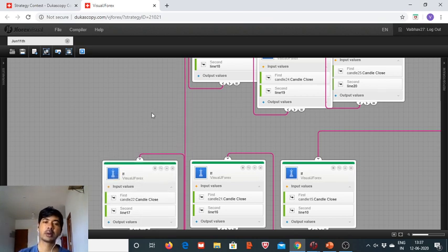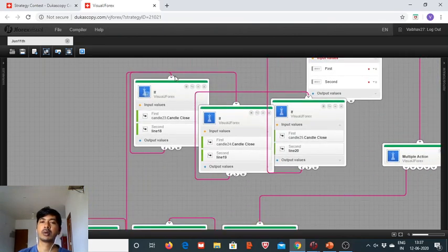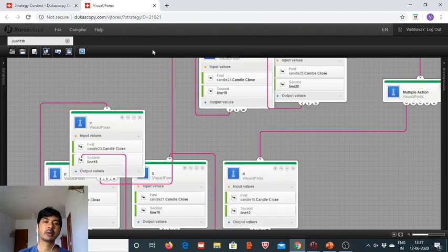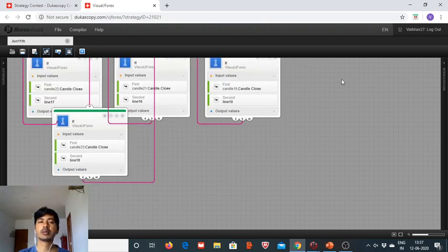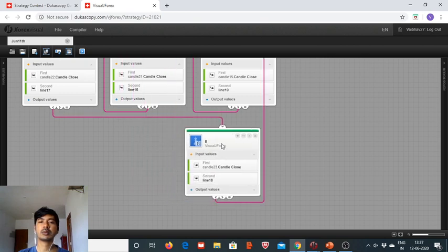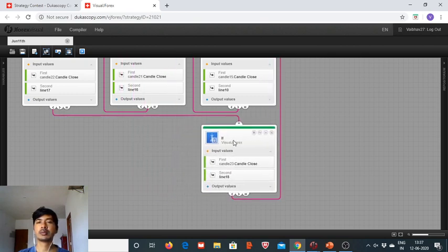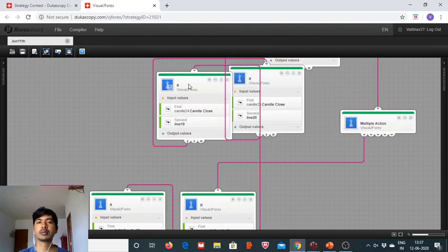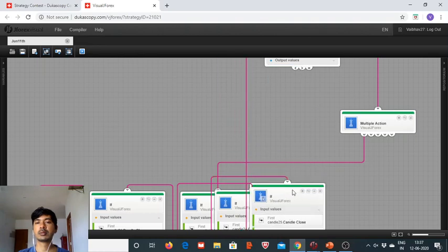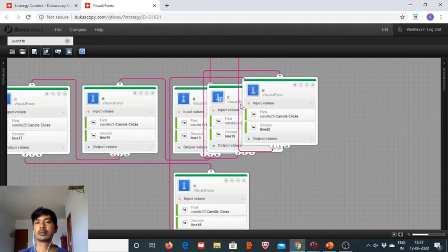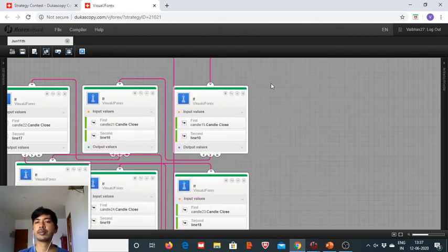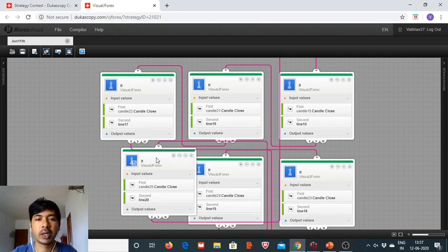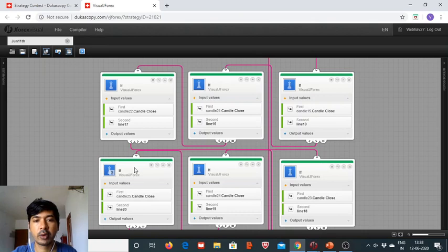Here candle 22 and these three blocks. Now, here we have got this.